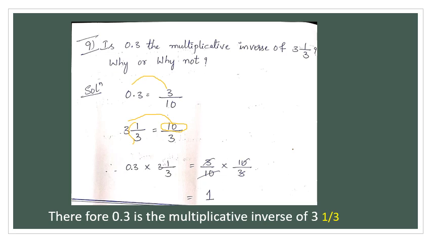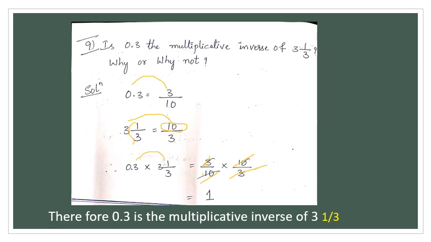Therefore, 0.3 into 3 1 by 3 equals, the simplified form of 0.3 is 3 by 10, and the simplified form of 3 1 by 3 is 10 by 3. So let us cancel out the 10 and 10, then 3 and 3. The product obtained is 1.